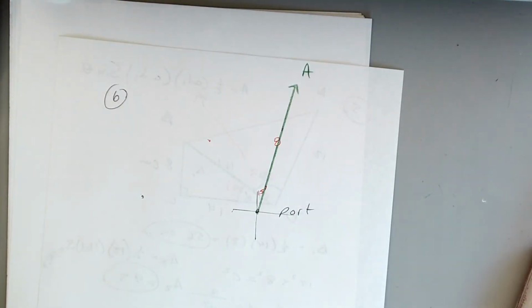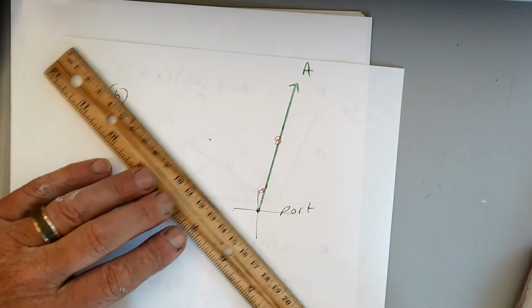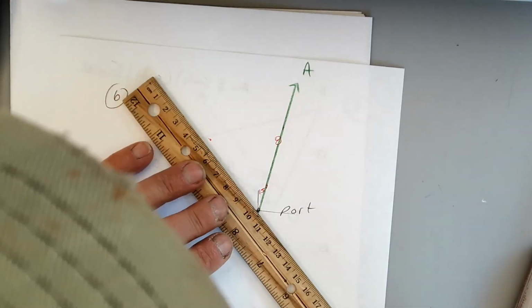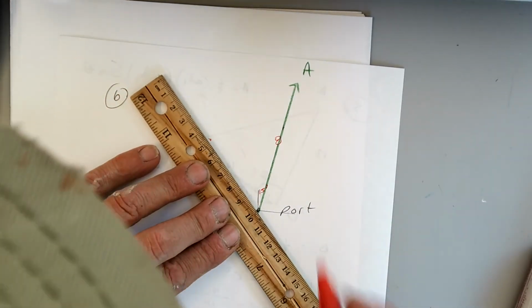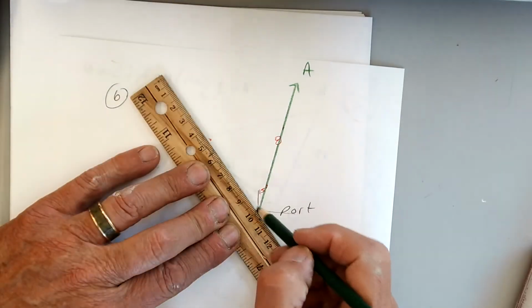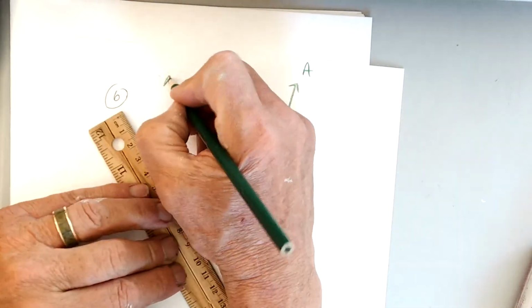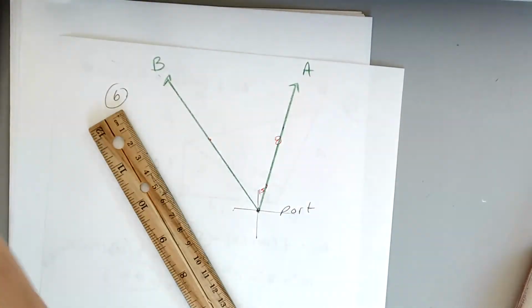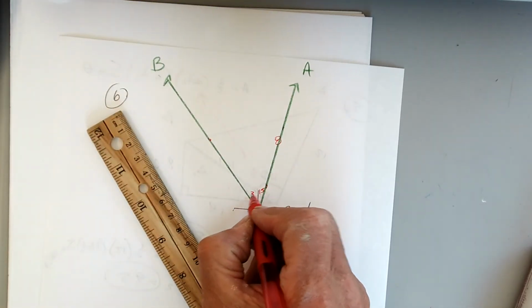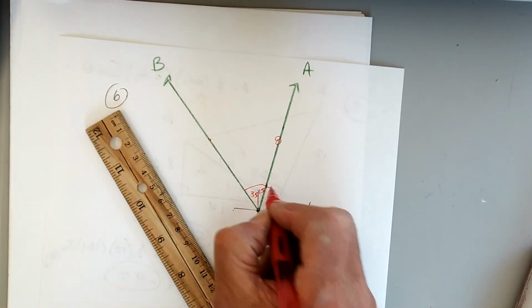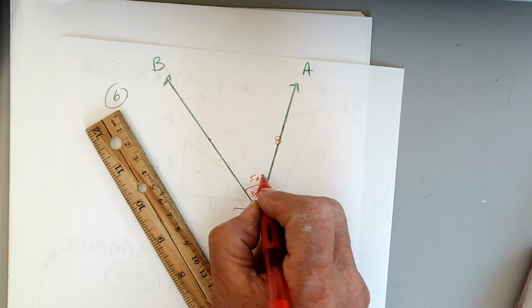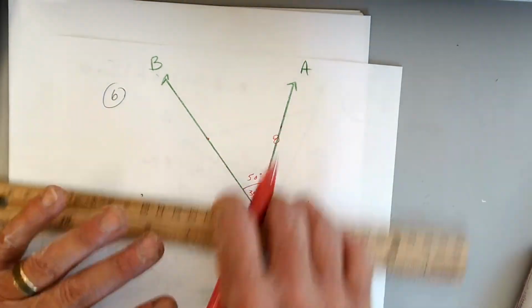And a speed of 10. Ooh, will that fit? Oh yeah, it'll fit. There it is. There's B. And I know this angle's 35. So if I add the two, I get 50 degrees. I need that. How far apart are they?